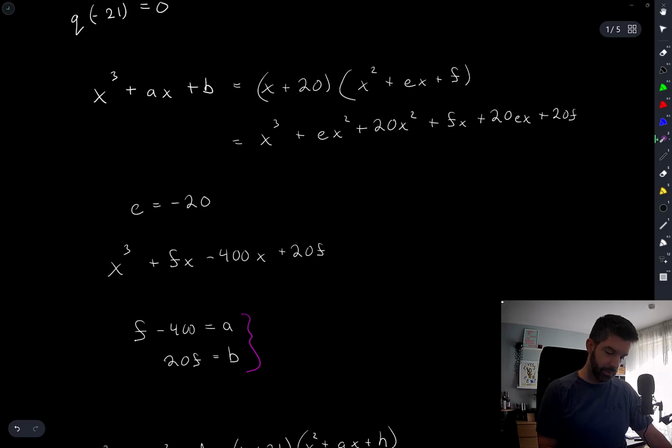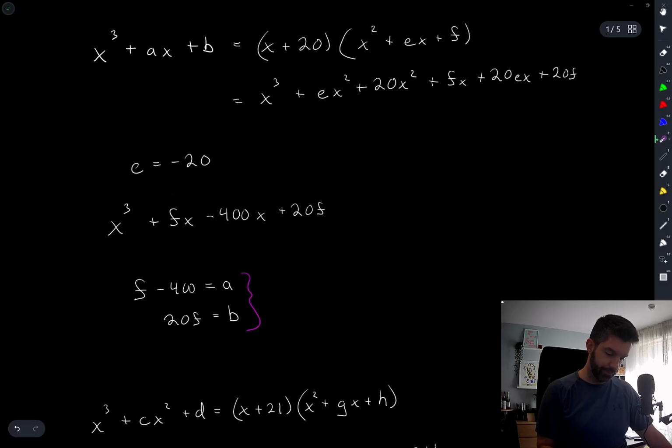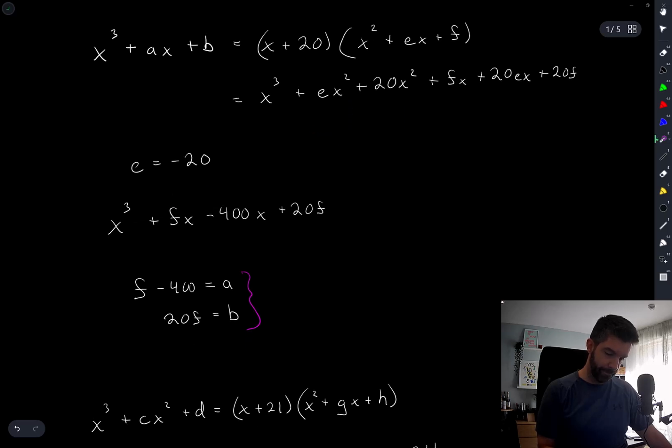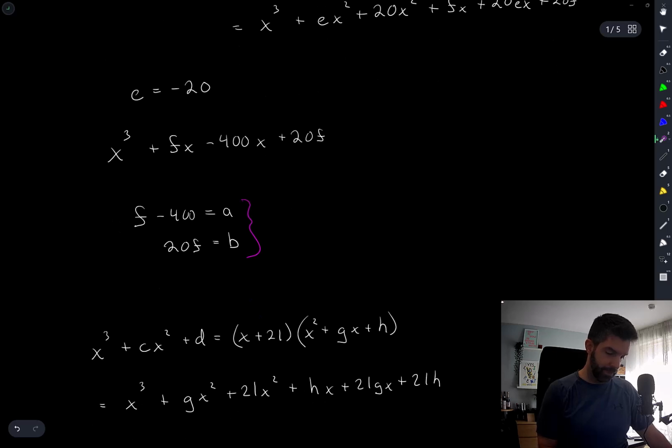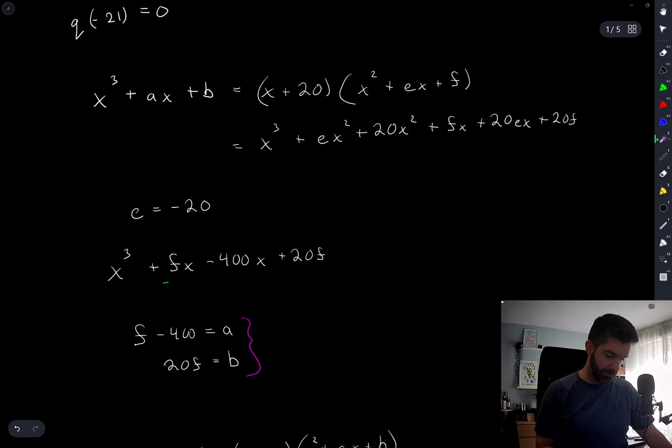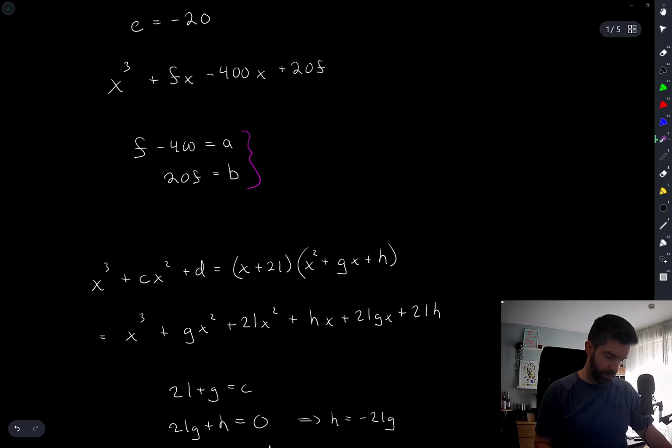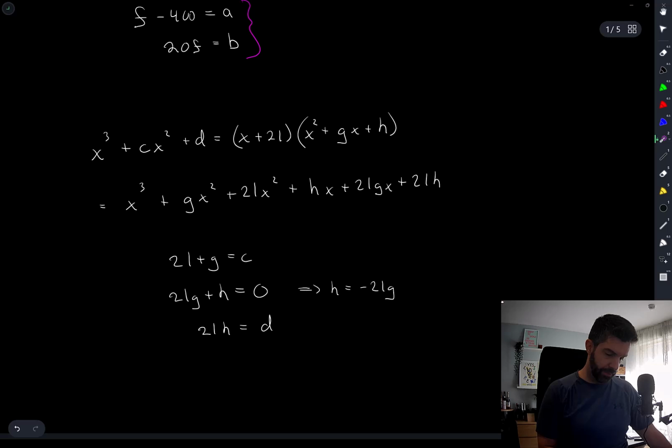So just writing down a general quadratic and expanding. X cubed, ex squared, 20x squared, fx, 20ex, 20f. So we know e is equal to negative 20. Okay, and here we know f minus 400 is a, and 20f is b. Okay, here we do the same thing pretty much.